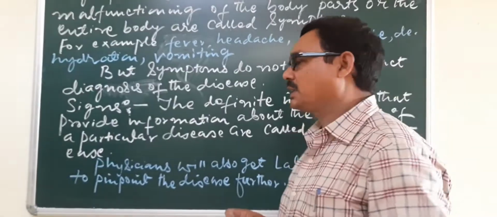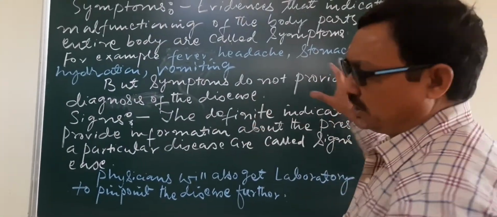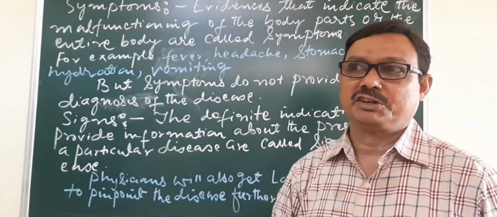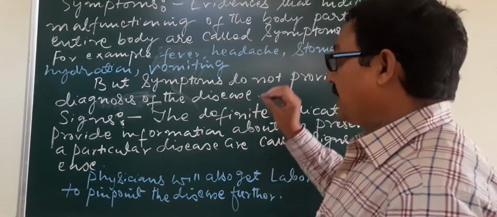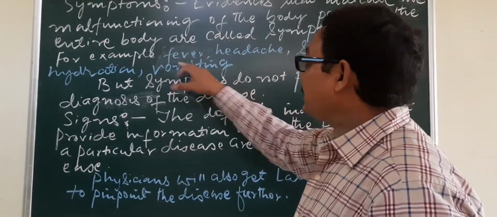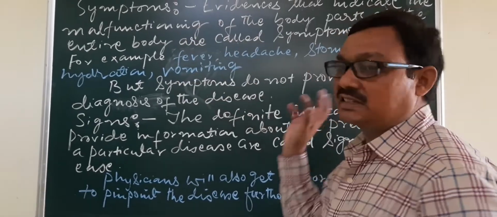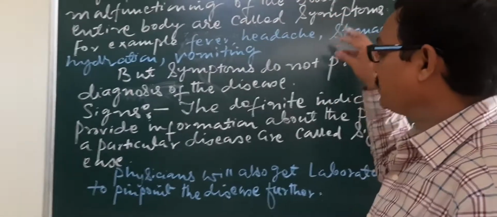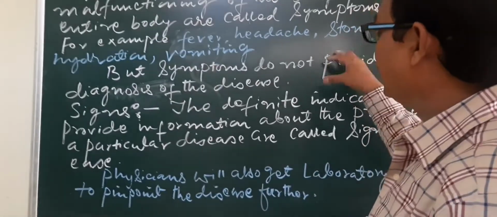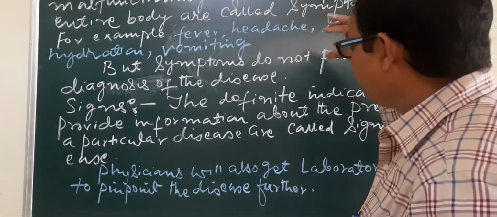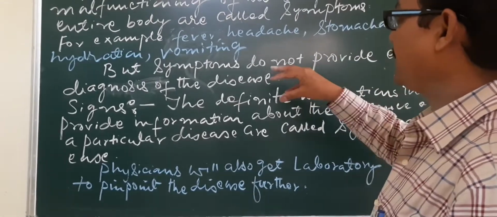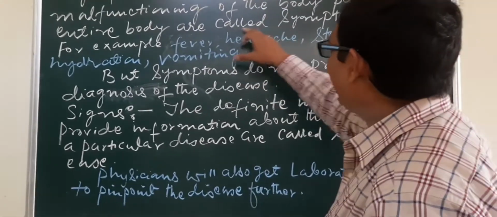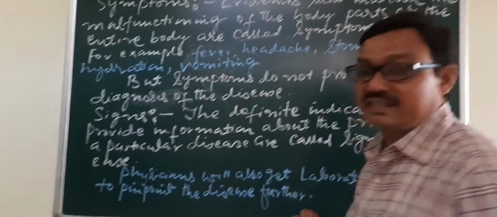But symptoms cannot give a definite indication of a disease, because there are several diseases and the symptom is a single one. In the case of blood pressure, fever, examination stress, or some eyesight problem, there is only one symptom, that is the headache.